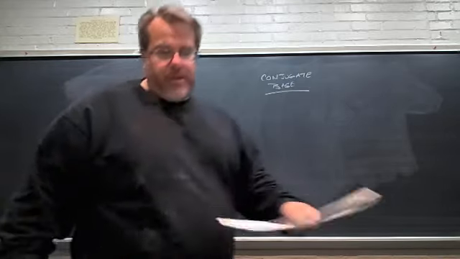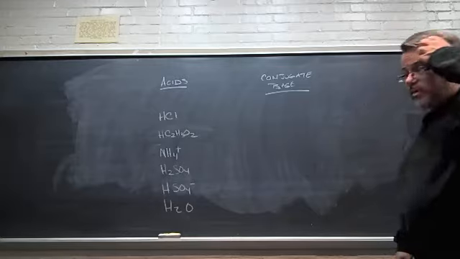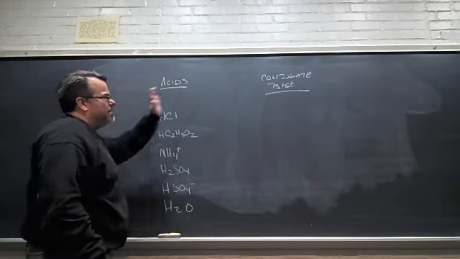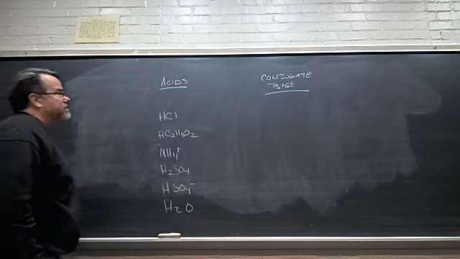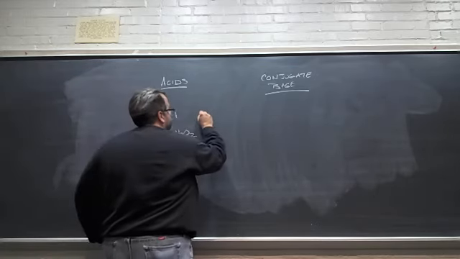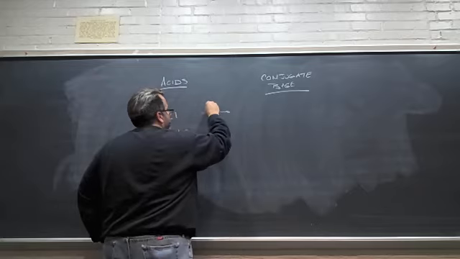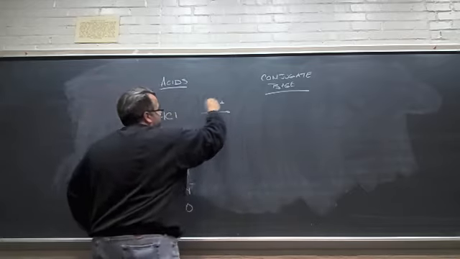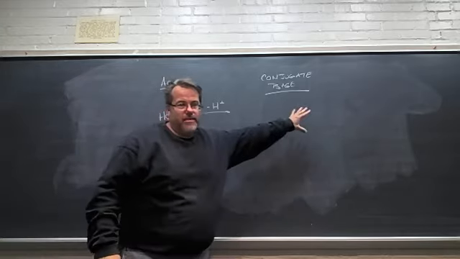And what I want you to do for each of these is to determine what the conjugate base is for each of these acids. Each one of these is an acid. I want to know what the conjugate base is, okay? And let me tell you how to do that. When this acts as an acid, it's going to lose a hydrogen ion, right?